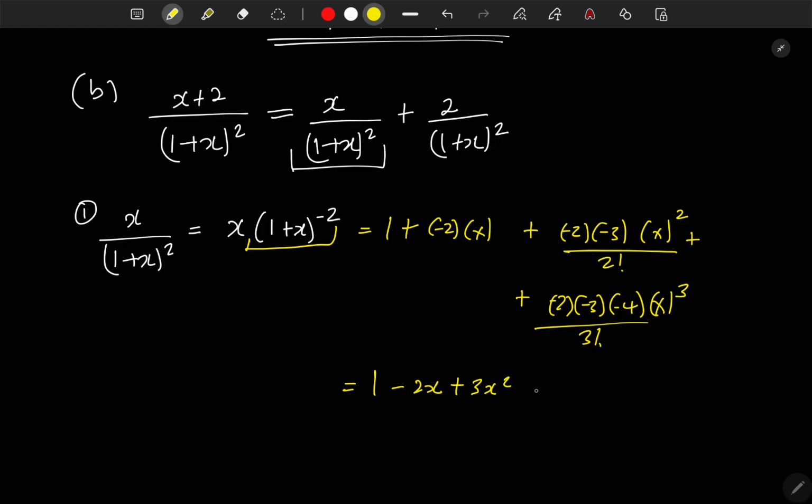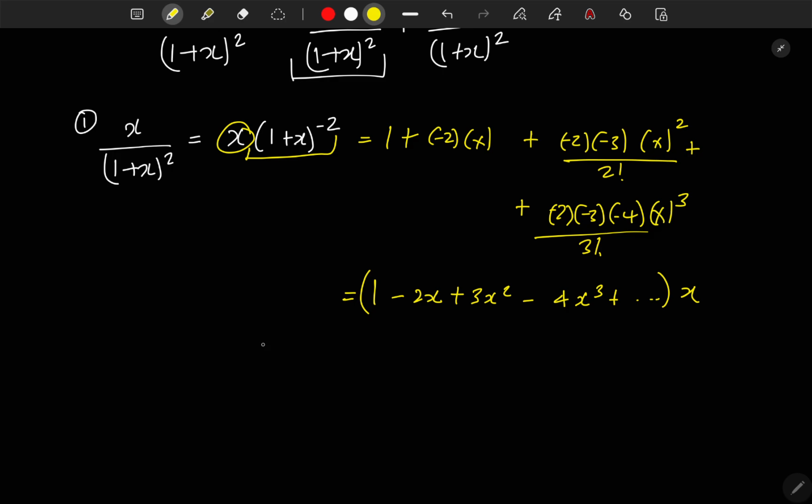So we have minus 4x to the power 3. We end there. But there's an x outside, so we now multiply this by x. So the first part gives us x minus 2x squared plus 3x to the power 3 minus 4x to the power 4.